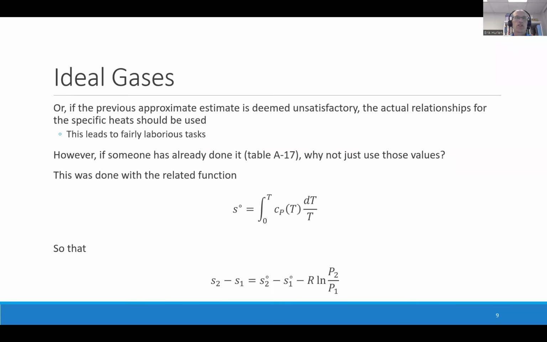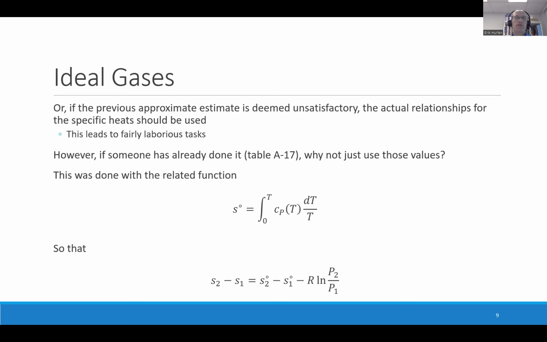When this approximation is not appropriate, the actual functional relationship of the specific heat as a function of temperature should be used. This is not a trivial process. Because it is so useful and important, someone has actually already done it for us. This is in table A17 of the textbook. I believe this is for air. The results of this are written in terms of a variable called S0.